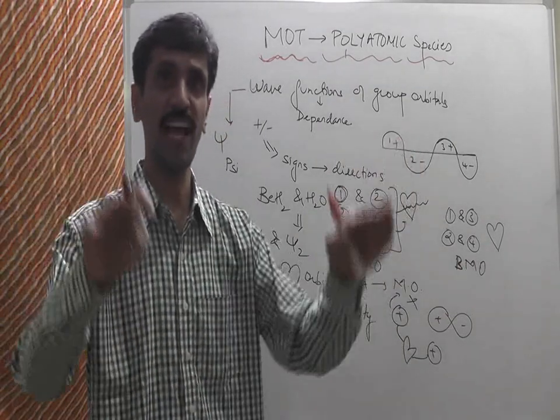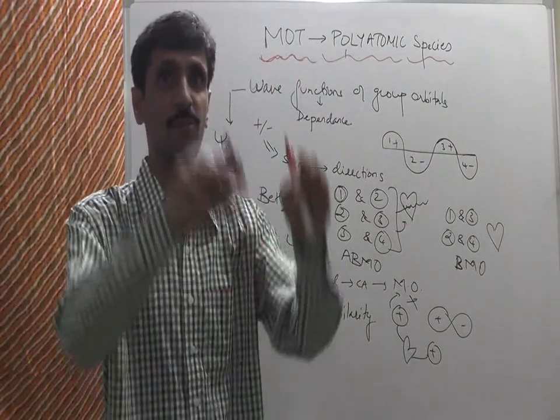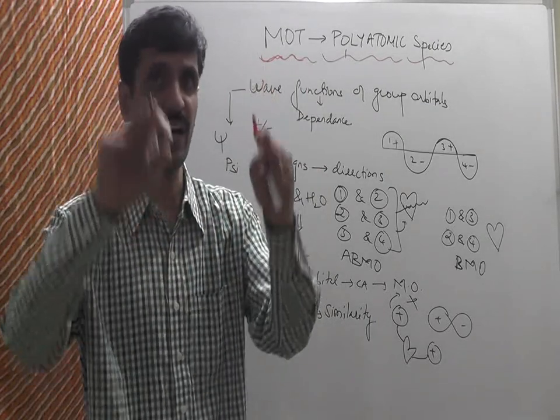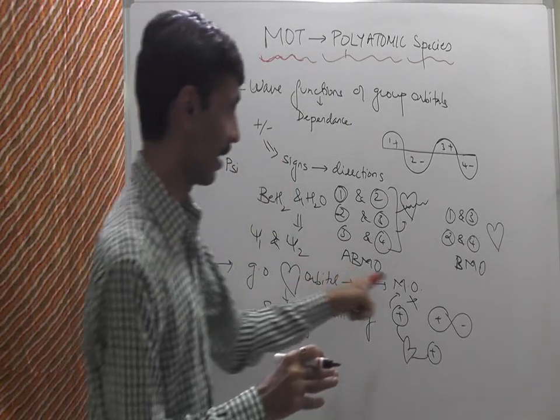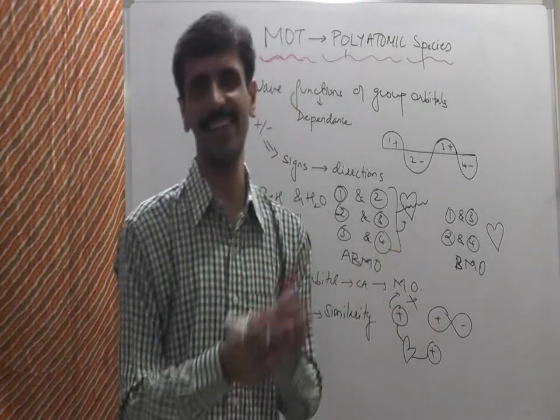So this combination has to be based on symmetry with respect to the orbitals and with respect to the signs. Okay, then only this combination takes place and then only the molecular orbital formation takes place.